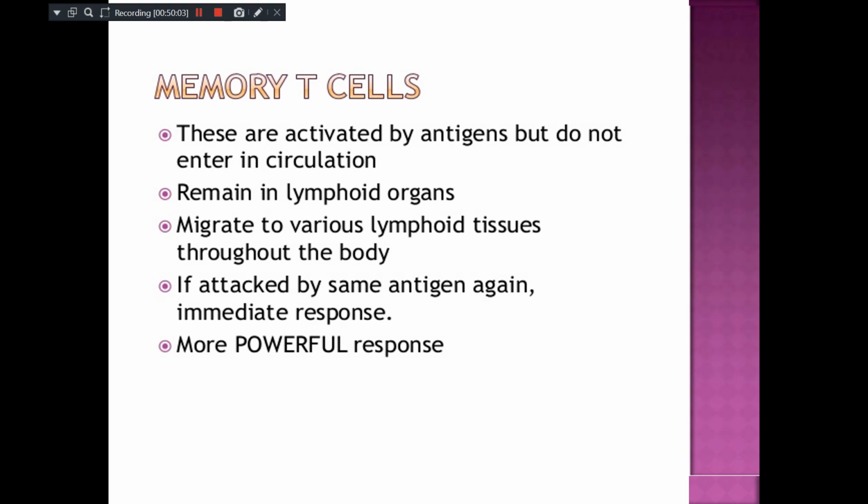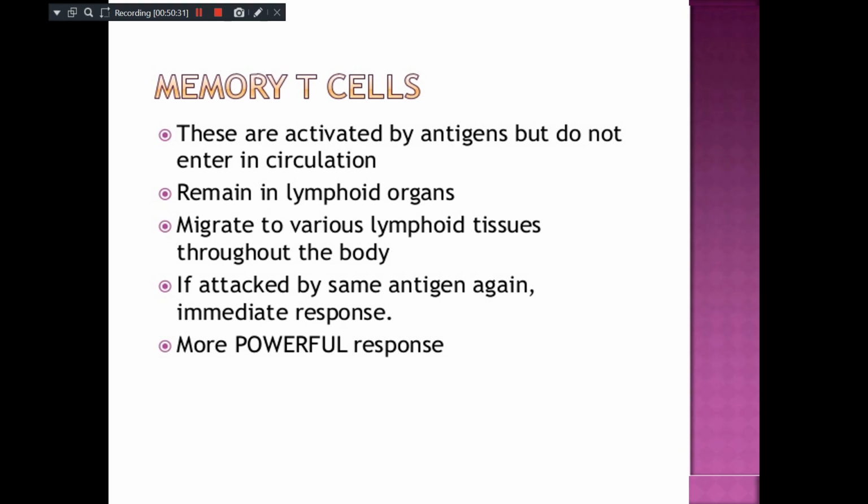And lastly, the memory T cells. These are activated by the antigen but do not enter into circulation. These memory T cells will not be in blood circulation, but they will remain in lymphoid nodes and migrate to various lymphoid tissues throughout the body. These memory T cells attack the same antigen again with an immediate response.